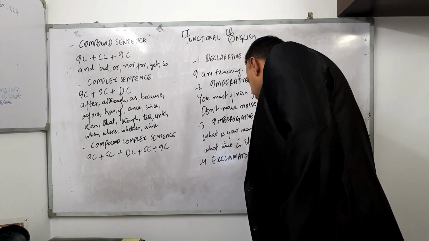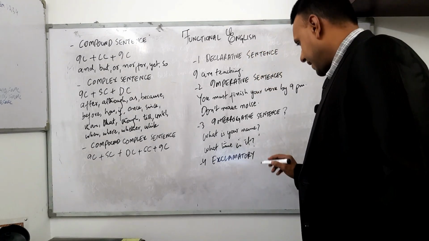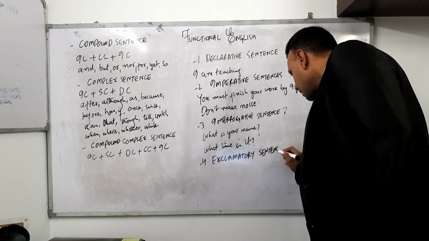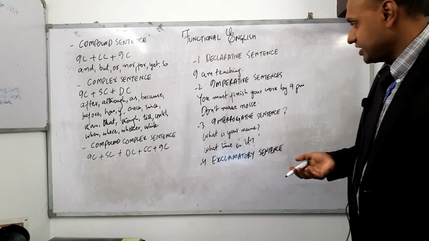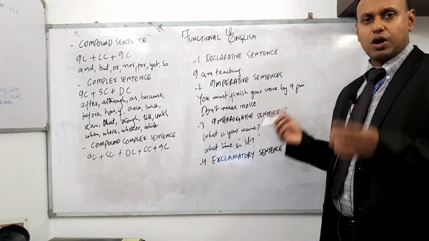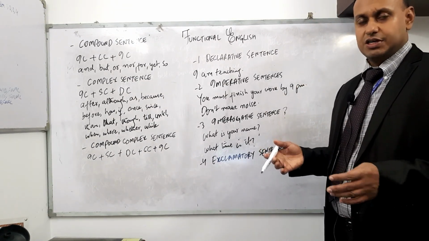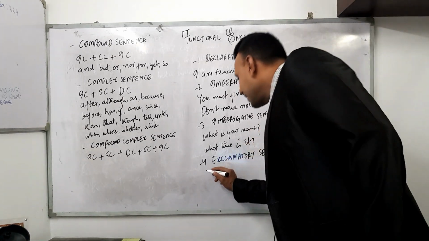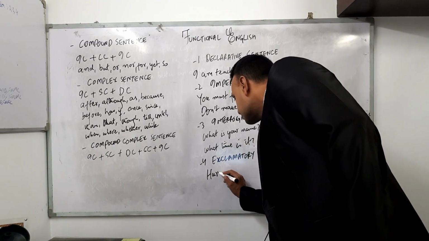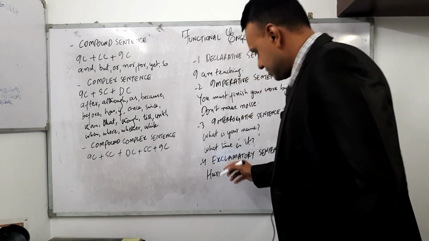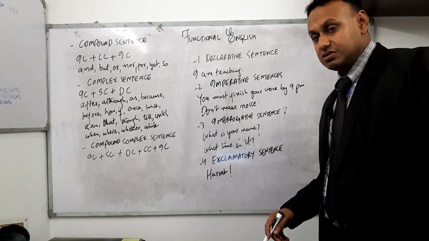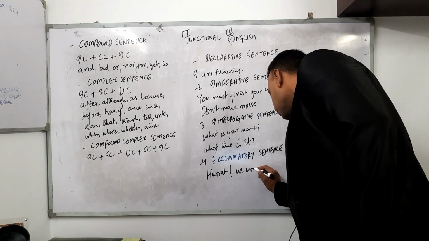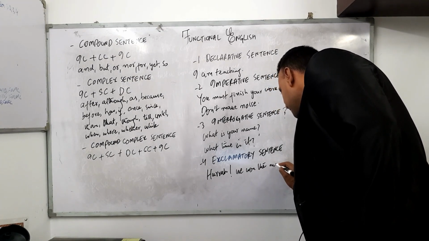So that is an exclamatory sentence, okay, in which there is an exclamation like hurrah, we won the match, yuppie, pizza is here, something like this. So hurrah, we won the match, hurrah, and then the sign of interjection, okay, we won the match.